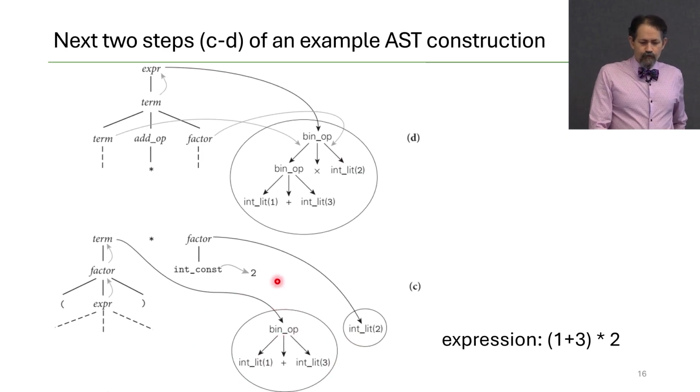And again, we'll identify an integer constant of 2, create an intlit AST for 2 here, and then when we parse the term times the factor, we will create another binary operator using these 3 parts. The big part we have from the previous slide, the little part of intlit 2 that we just created, and then the times operator. And so we end up with this AST as the final result.